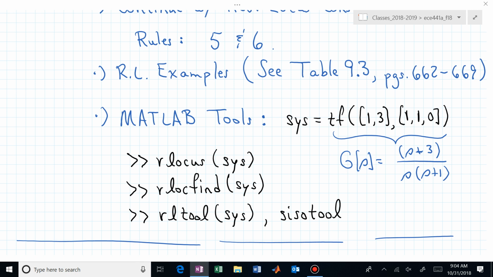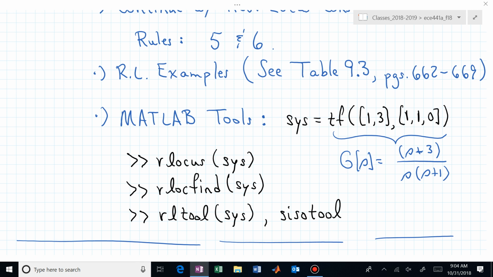That will now put some crosshairs on your plotting window, and you can move your mouse around and figure out, okay, I want to see what is the gain at this particular location. Left click on that point and it will give you the gain to get to that point on the root locus, as well as identify the particular values of the root locus or the location in the complex S-plane that you've clicked on.